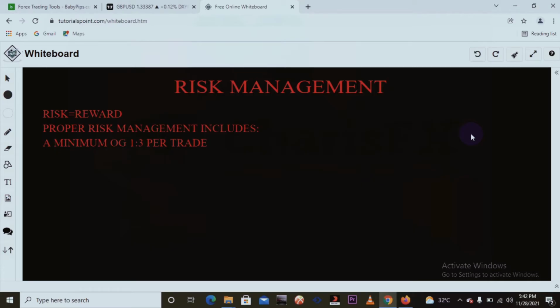Proper risk management strategies include a minimum of 1:3 per trade. I meant to say a minimum of 1:3 per trade. You can see it here on my screen, right? A minimum of 1:3 per trade is the minimum we are supposed to risk for every trade that we take. Notwithstanding, a risk of 1:1 is not bad. If you have an edge in trading, 1:1 is not bad because it still brings a reward.